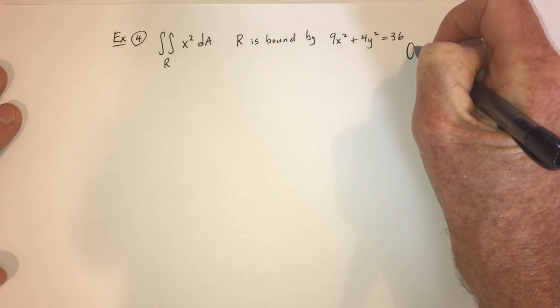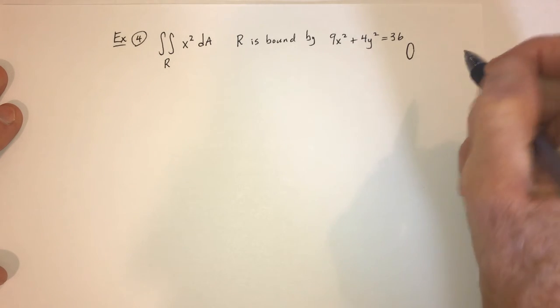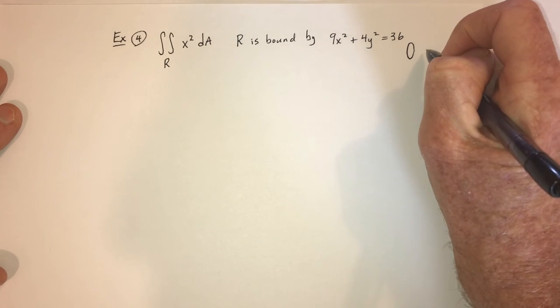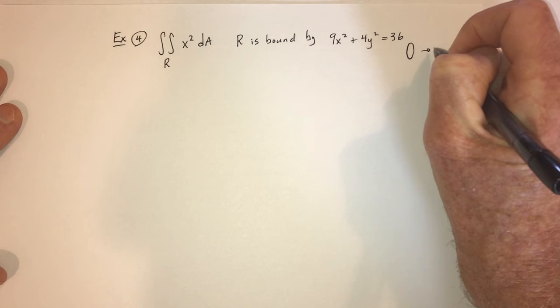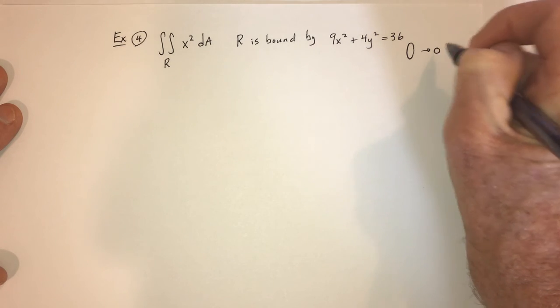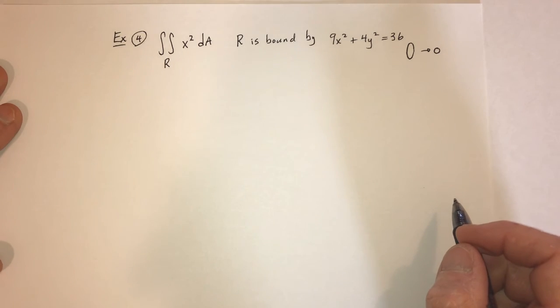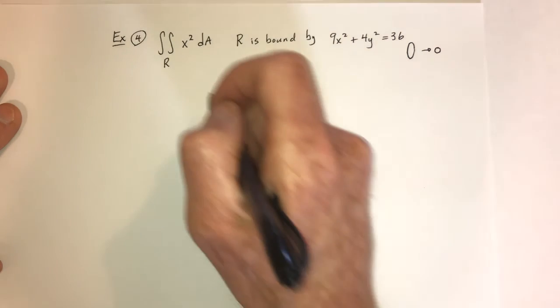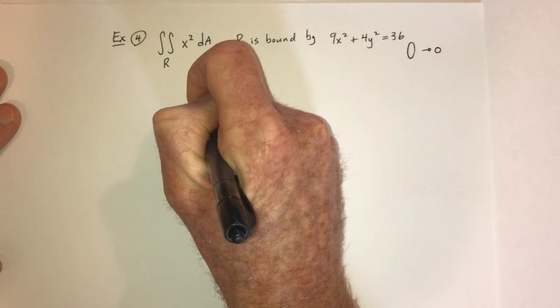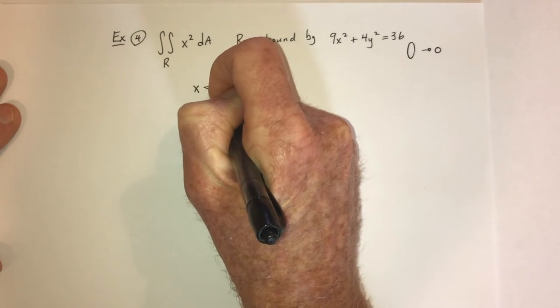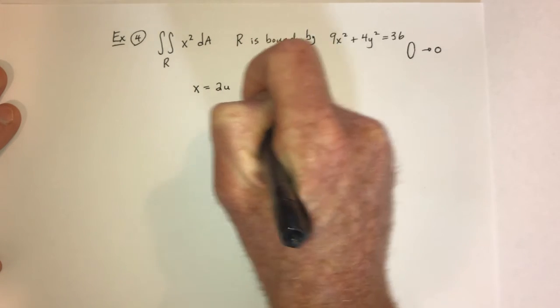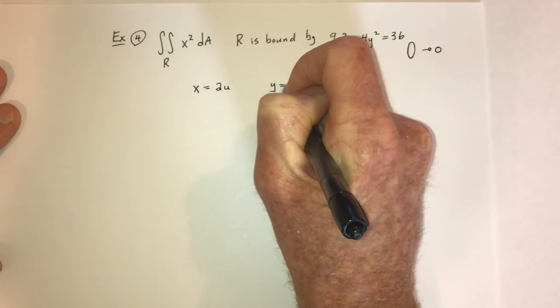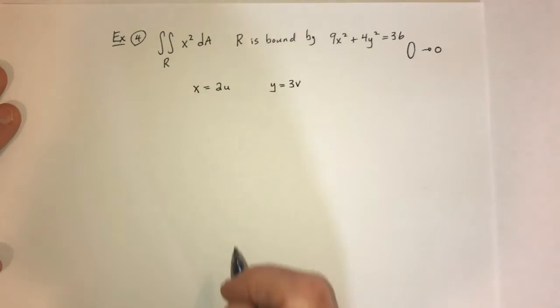So, is it possible that you could use a transformation where the original picture is an ellipse, and then you change it to a circle? Well, let's try it. So use this substitution. Let x equal 2u, and let y equal 3v.